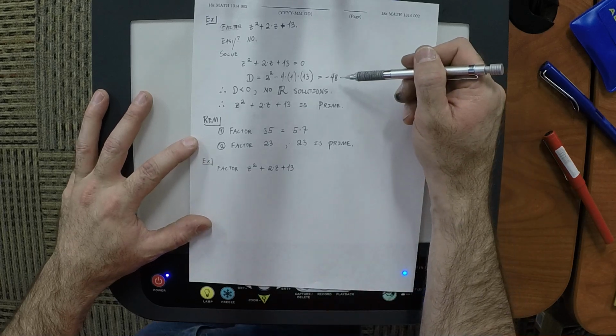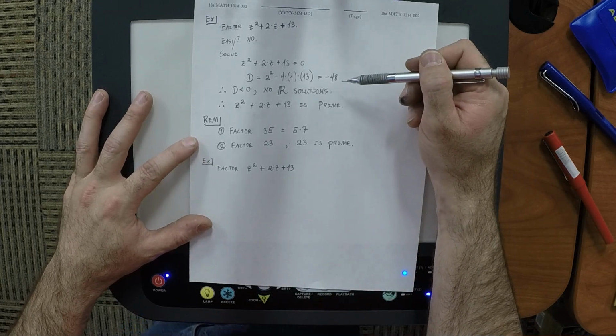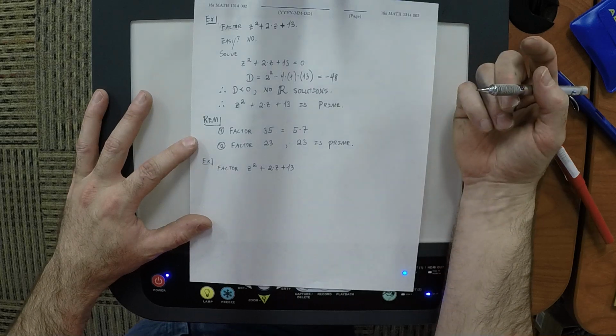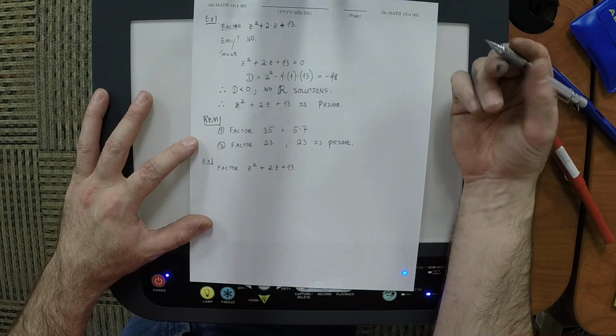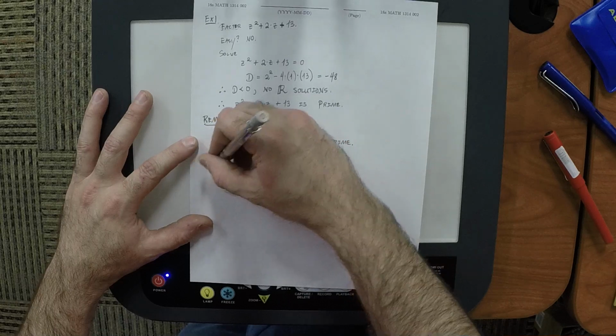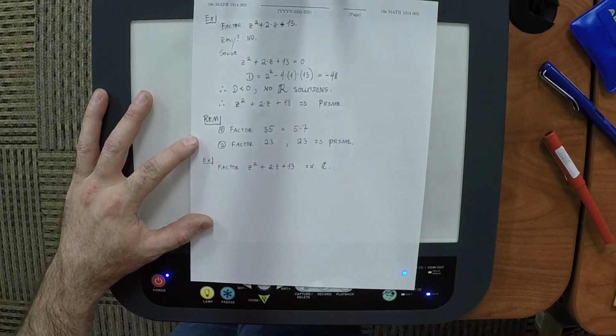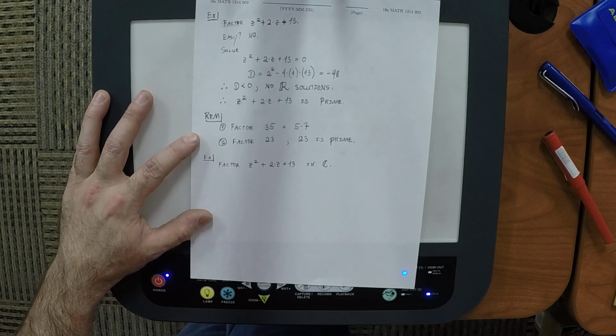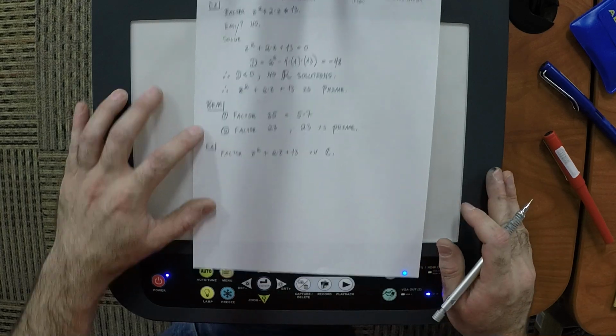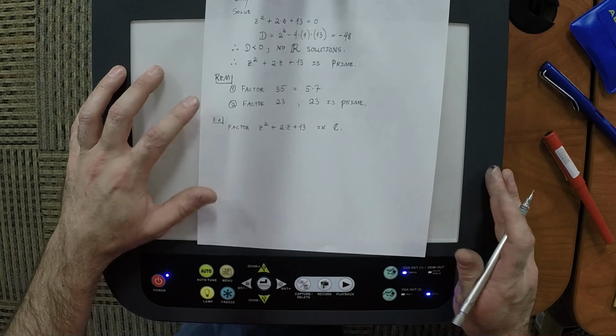We couldn't proceed with a negative discriminant, because the rule in this class is that all variables are real unless explicitly said to be complex. So let's factor this in the complex numbers now. That means it doesn't matter what the discriminant is, we're always going to be able to proceed.